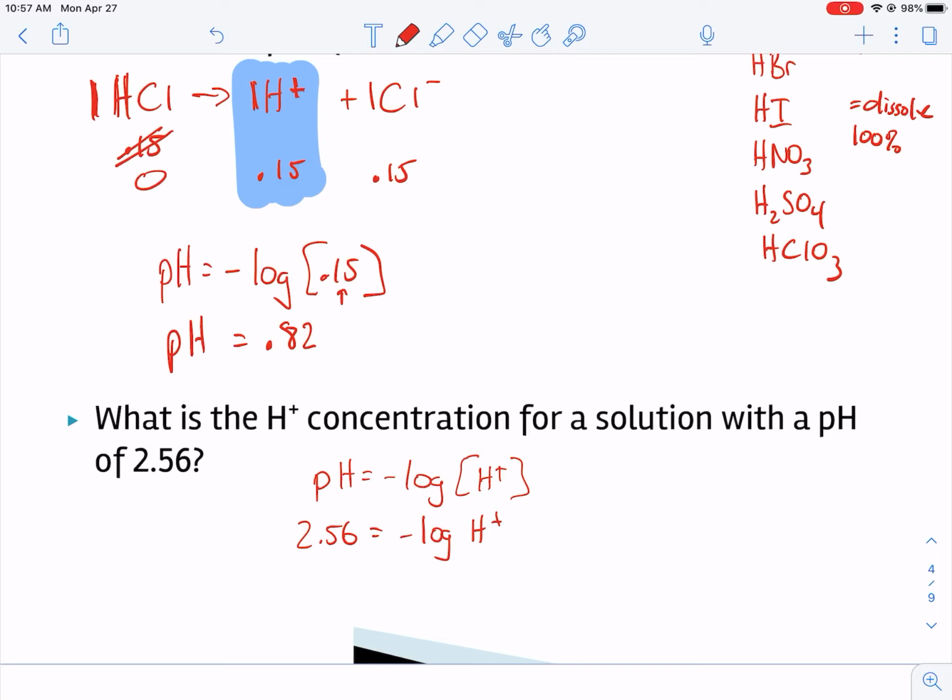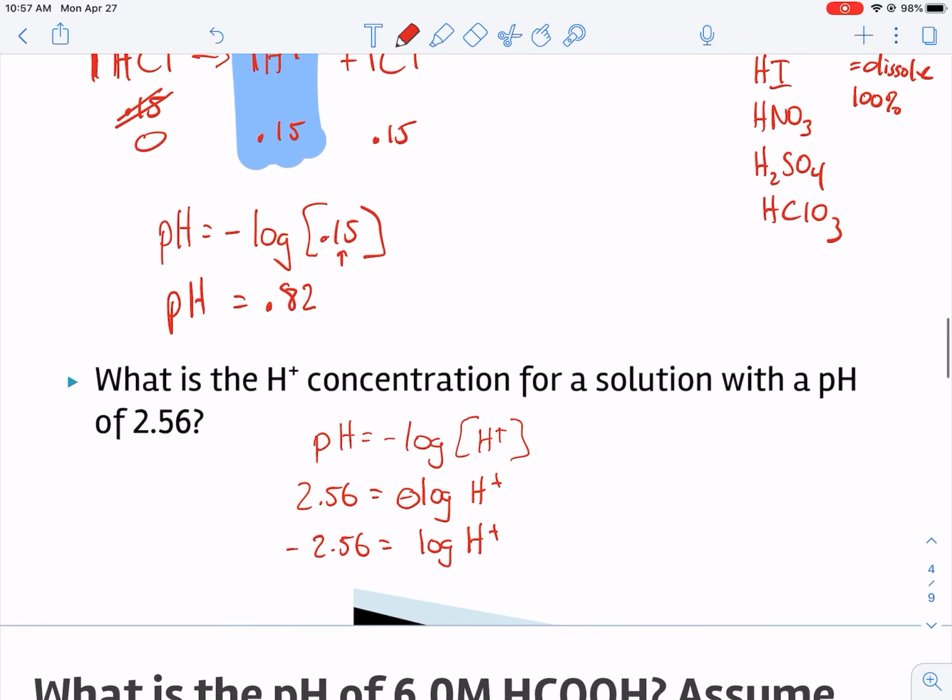Now for this, you're going to first move that negative to the other side. So we're dividing by -1, so you get negative 2.56 is equal to log of H plus. And then to get rid of the log, this time you hit shift log on your calculator. So it's basically 10 to the negative 2.56 is equal to H plus.